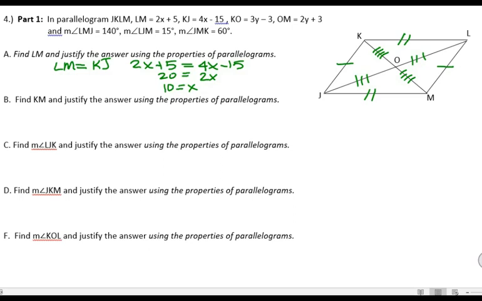Then it tells me I'm looking for LM, so I got to plug 10 back into LM. So LM is equal to 2 times 10 plus 5. So LM is equal to 25. And the reason this is true is because opposite sides are congruent.